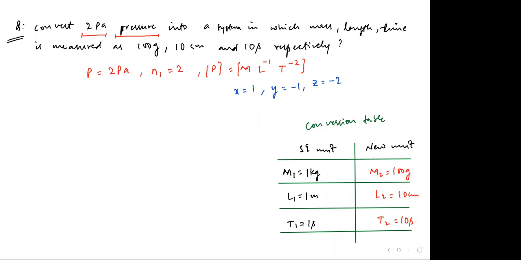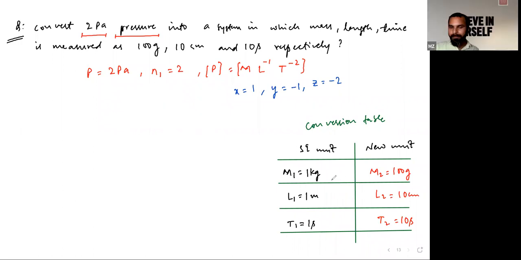Yes, sir. Okay. Now just compare whether the unit on left hand side and right hand side for each term are equal or not. Just see for mass. We have 1 kg in left hand side, but we have 100 gram in right hand side. So these units are different. So we would convert this particular kg in terms of gram.